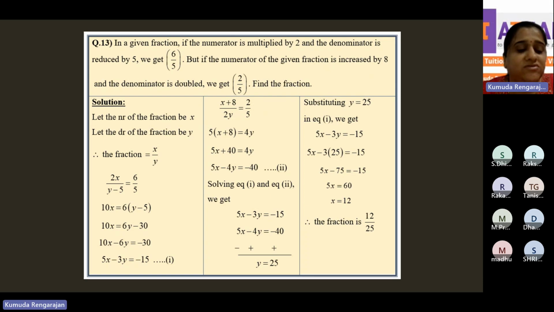So I got 5x minus 3y is equal to minus 15. You got that? Then the next equation, on cross multiplying, 5x plus 40 is equal to, you forgot to write 40, you wrote 8. What is the equation? x plus 8 by 2y is equal to 2 by 5, right?